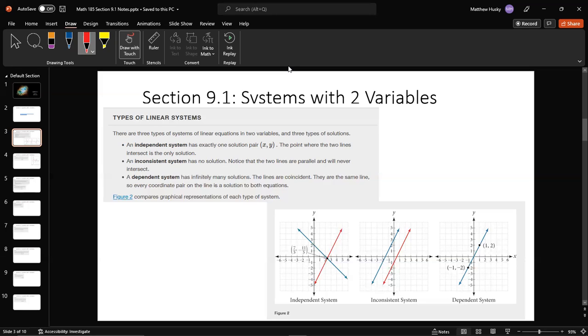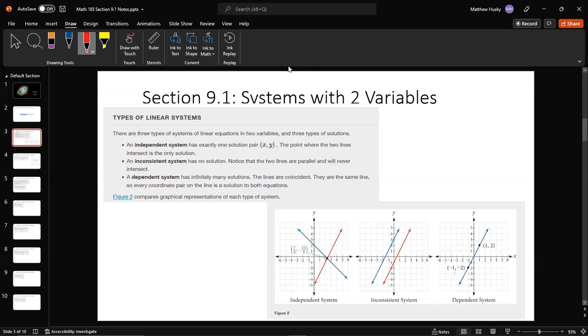There's a countless number of points on this single line where they would overlap, because every point on that line is a point of intersection. It's called dependent because the idea is, depending on if you're on that line in the first place, it will be a solution.